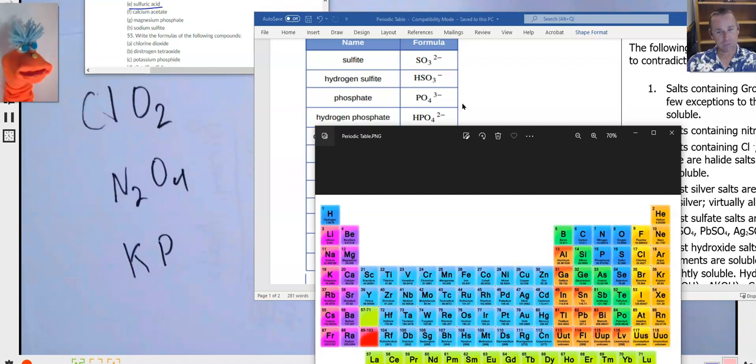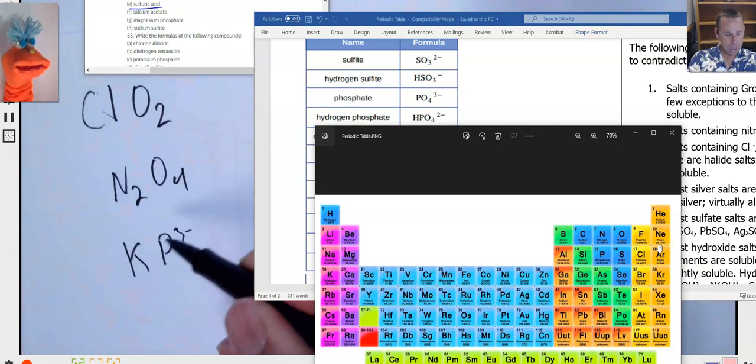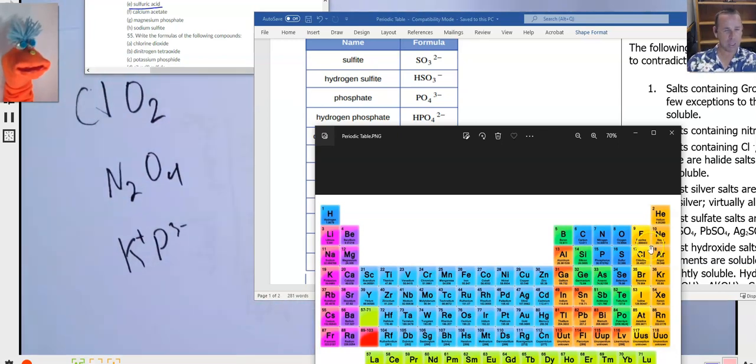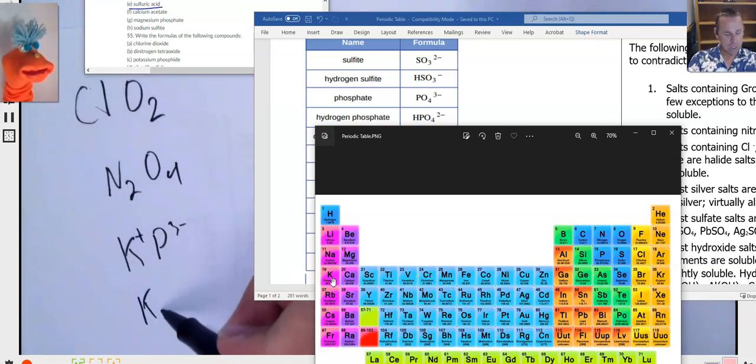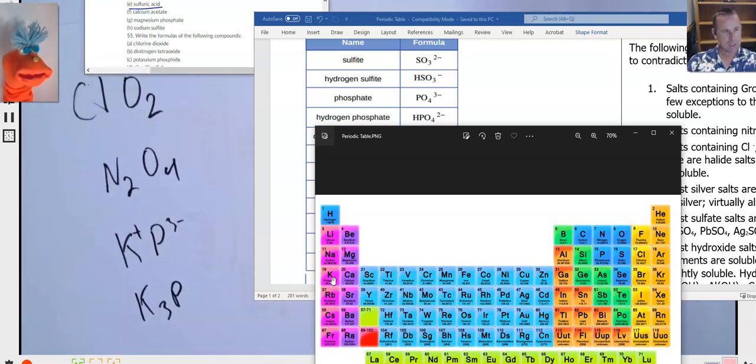But what kind of an ion is phosphorus going to want to form? 3 minus. Very good. It gains 3 electrons to obtain a noble gas electron configuration. Potassium's +1, it's in the first column. So K3P is potassium phosphide. Good.